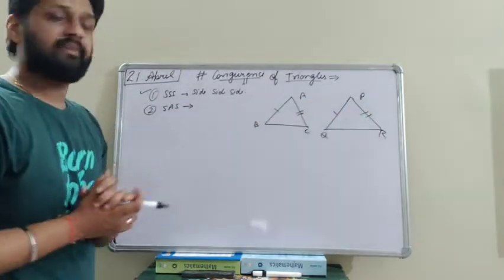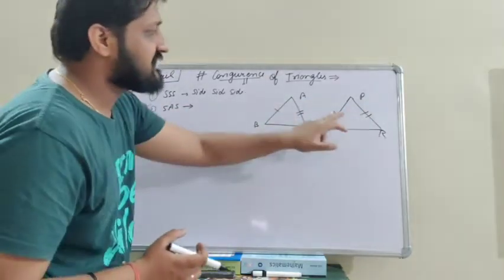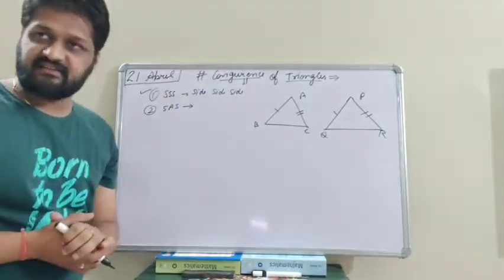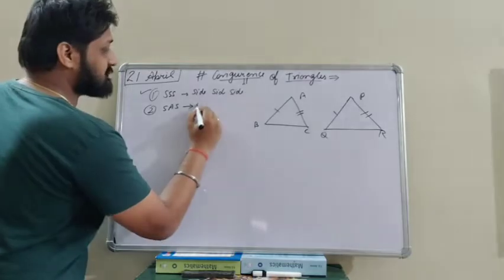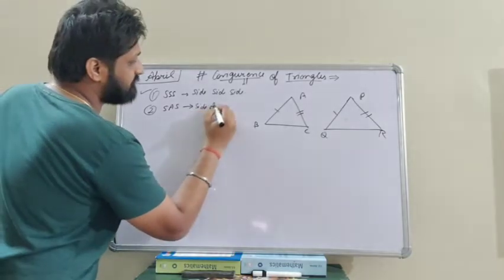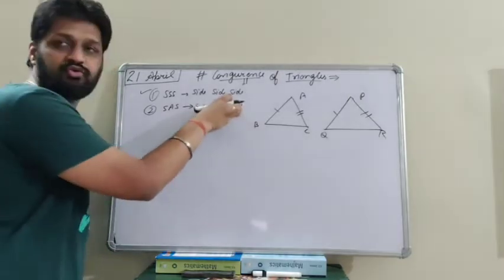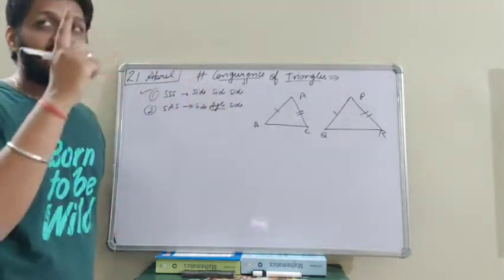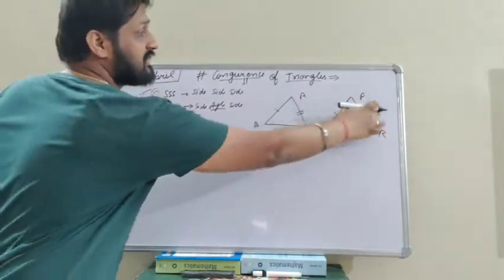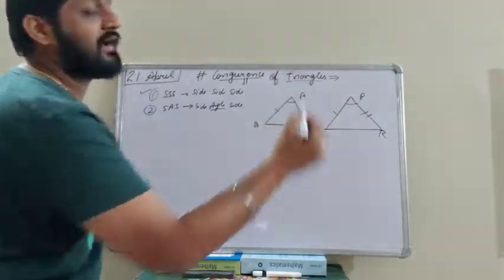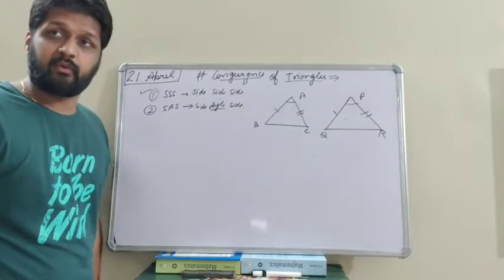AB is equal to PQ and AC is equal to PR. SSS means side, side, side, and SAS means side, angle, side. It means between two sides there should be one angle. So between two equal sides there should be one angle, that will be angle A equal to angle P.